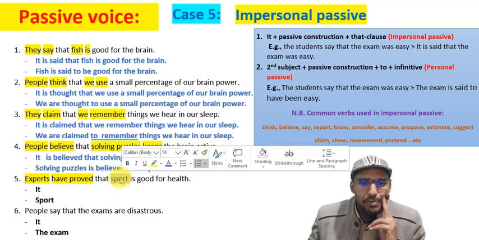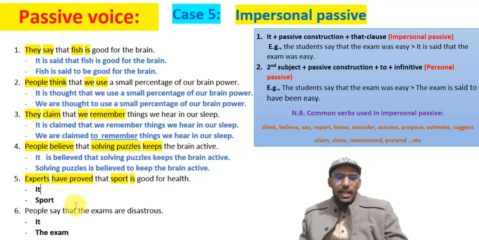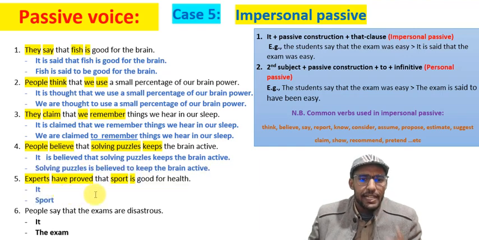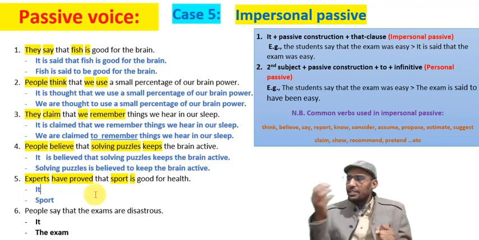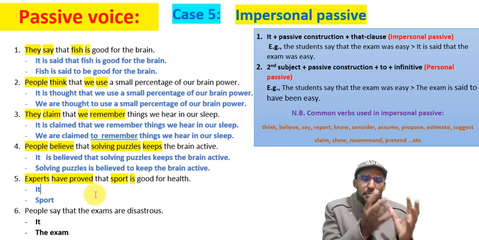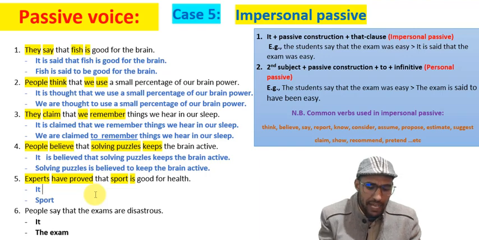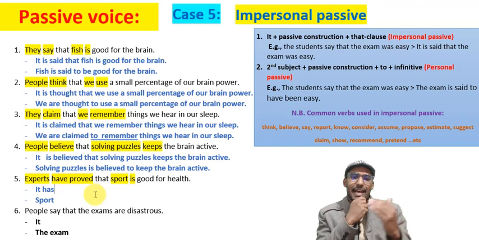And we have here sports. This is the second subject, and the verb to be here is the second verb. As usual, we apply the first rule. We say it, and we have here have proved. This is present perfect. So the verb to be, guys, should be put in the present perfect. With respect to subject-verb agreement, with it we no longer say have, we say has.